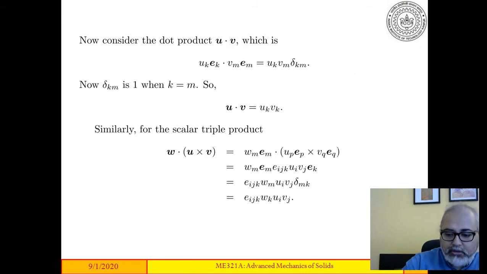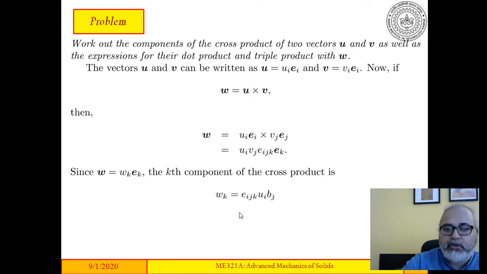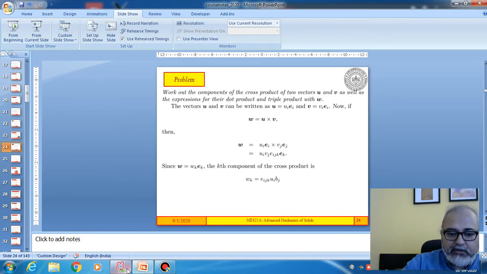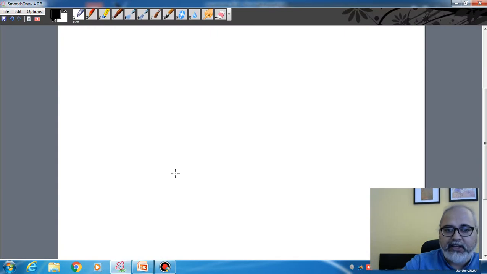What I am going to show you is how to work out the cross product between two vectors in indicial notation, how to work out the dot product, and how to work out the vector triple product. Let's call the vectors W, U, and V.